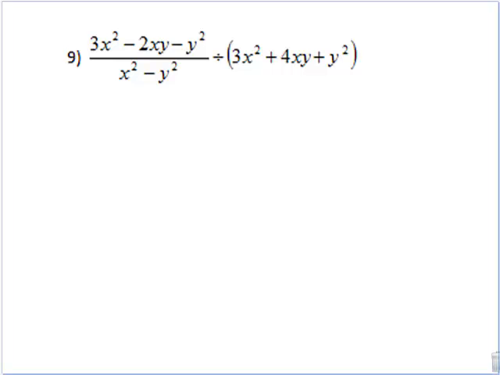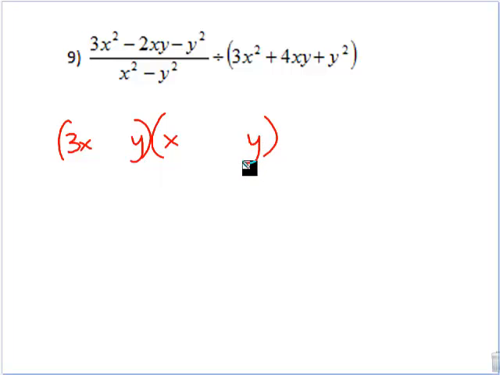Okay? So if we want to factor 3x squared minus 2xy minus y squared, if our first term here is 3x squared, what do our two first terms have to be? Yeah, 3x and x. Our last term here is a y squared, so our last terms have to be y and y.